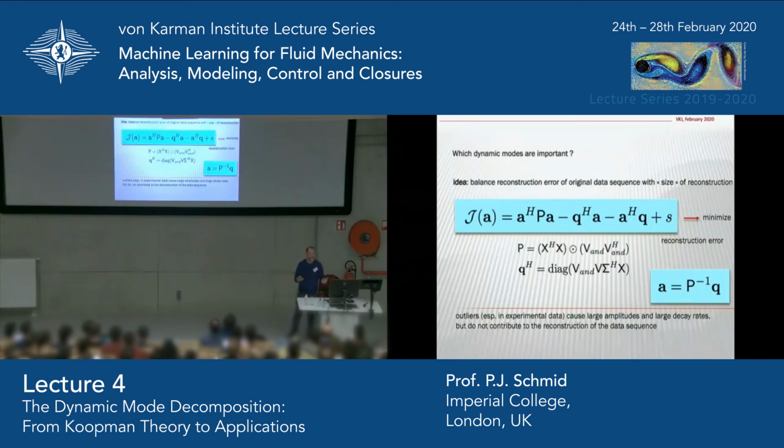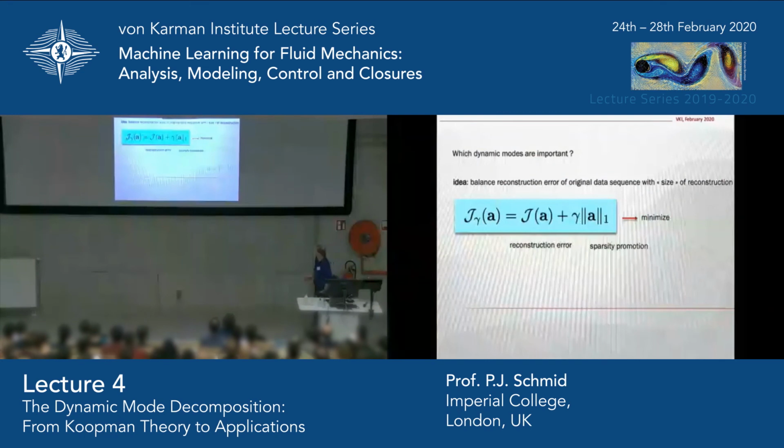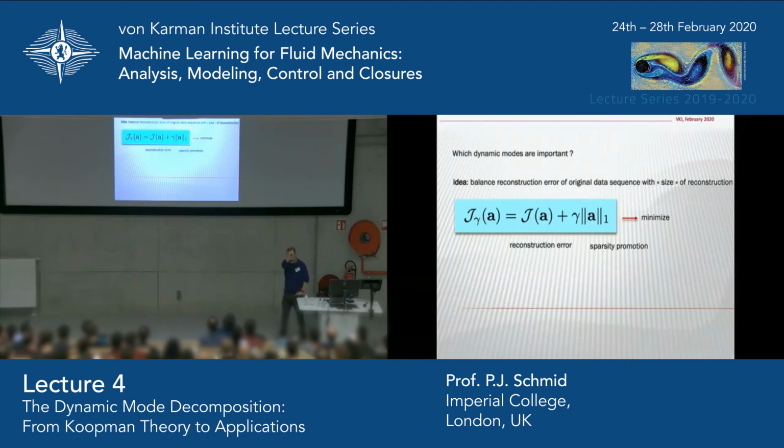So how do we sort out the good ones from the bad ones? We use that same quadratic optimization problem, and we add a sparsity promotion. We say our amplitude vector that goes onto the diagonal later on has to be sparse. So we have to balance something that gives us our data back, but with as few amplitudes as possible.